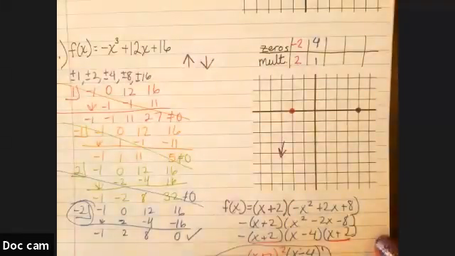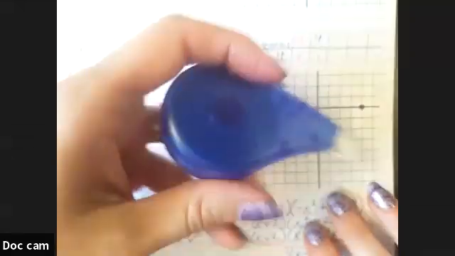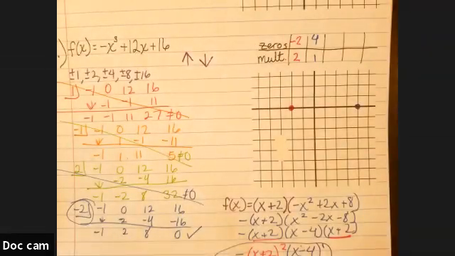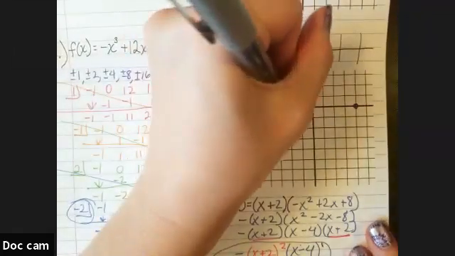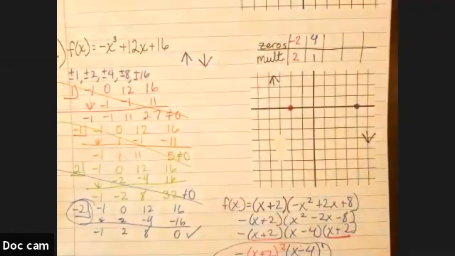All right, now this is a multiplicity of, oops, that's not right. Or that. All right, so it's got to be up here and down here.